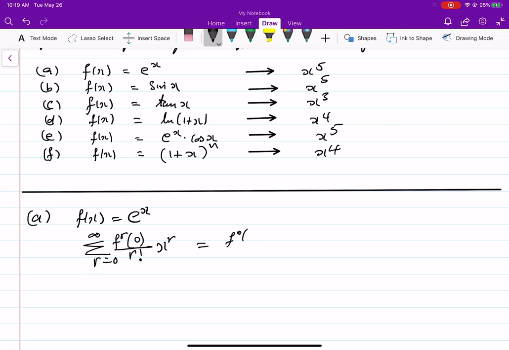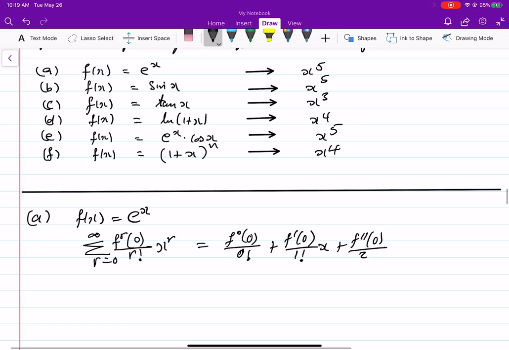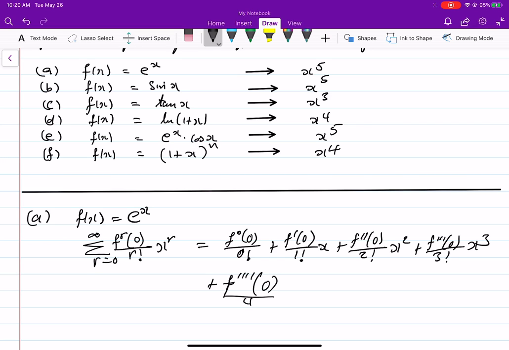So therefore, I'll write f of 0 over 0 factorial times x to the 0, which would be 1, plus f prime of 0 over 1 factorial times x, plus f double prime of 0 over 2 factorial times x squared, plus f triple prime of 0 over 3 factorial times x cubed, plus f quadruple prime, 4 primes, of 0 over 4 factorial times x to the fourth, plus f 5 primes, 1, 2, 3, 4, 5, of 0 over 5 factorial times x to the fifth, and so on.